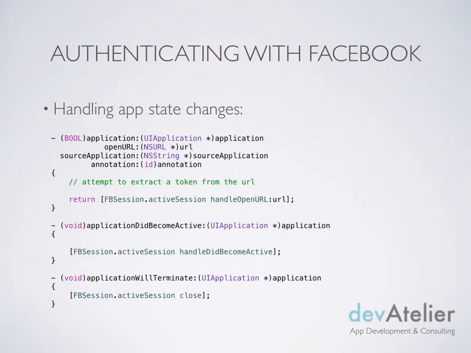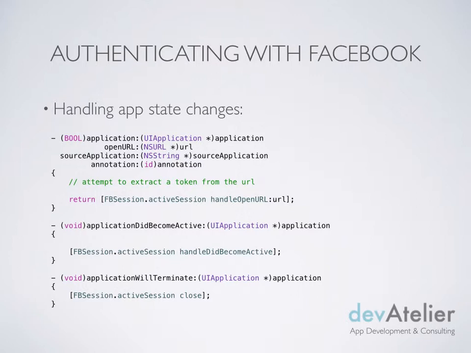In your app delegate, you set up this delegate method, applicationDidBecomeActive, and then within there, you call the handleDidBecomeActive message on the Facebook session object. This will try to authenticate, and if it fails, it'll give you that prompt saying you need to log into Facebook again.